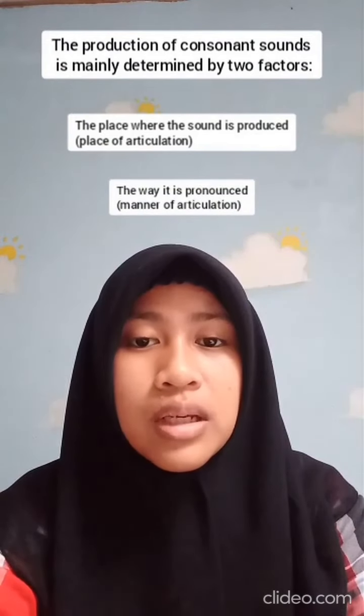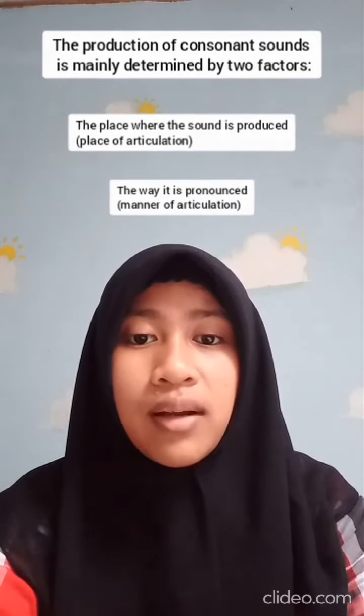Third, speech sound production. Speech sound production shows the process of making speech sounds using an articulator. The production of consonant sounds is mainly determined by two factors, namely, the place where the sound is produced, place of articulation, and the way it is pronounced, manner of articulation.